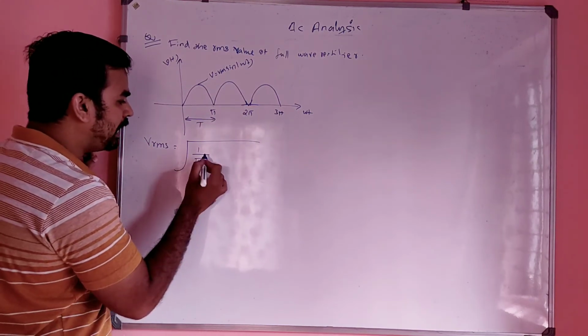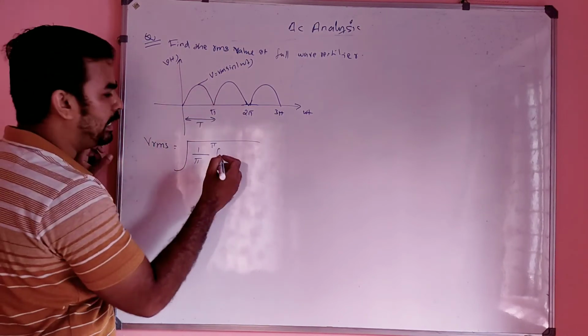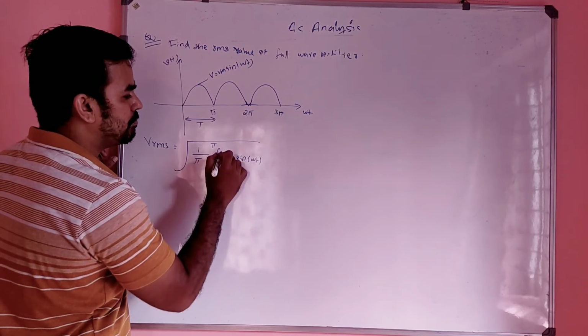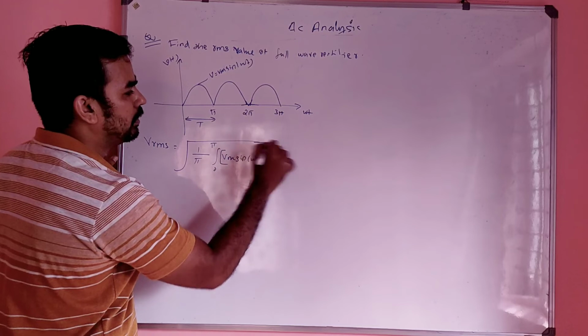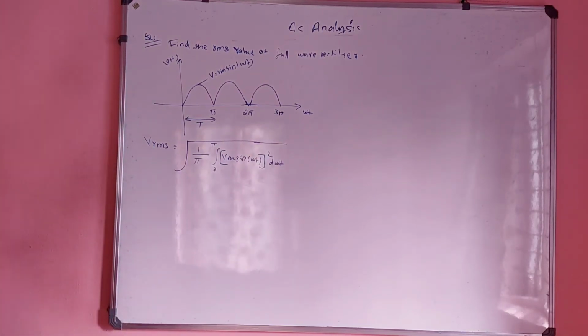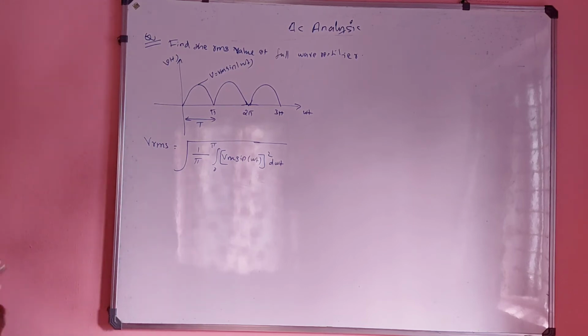So 1 by pi, integral 0 to pi, Vm sin omega t whole square d omega t. This is how you have to solve for the integration.